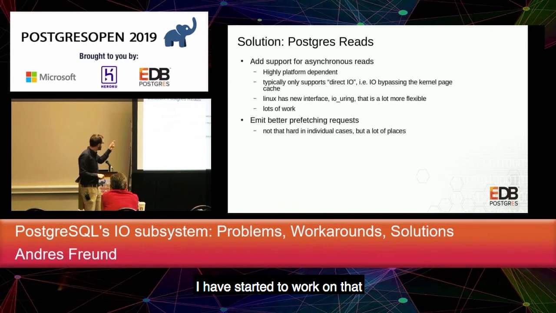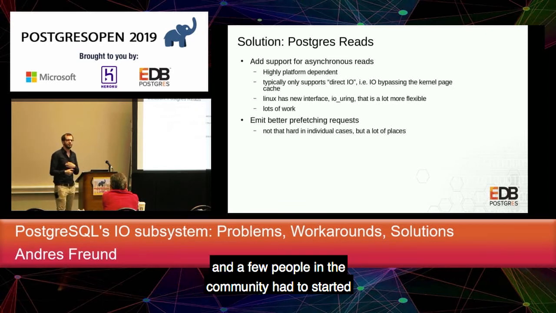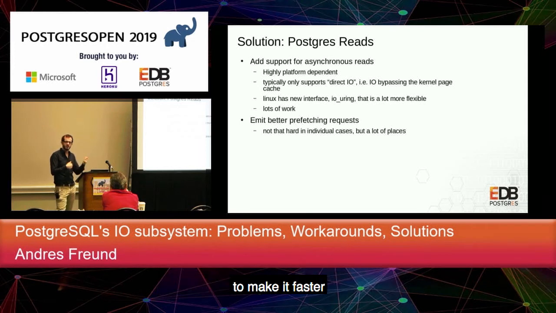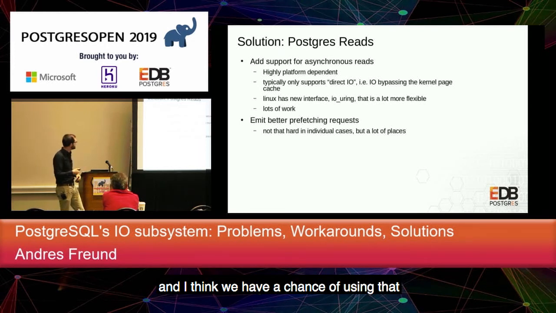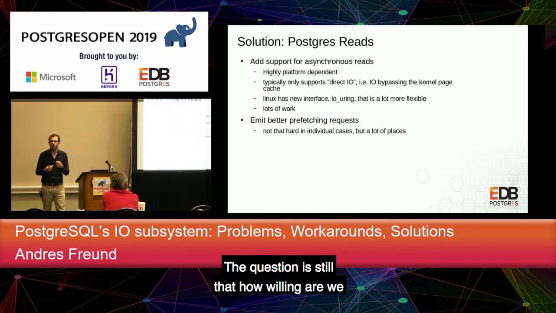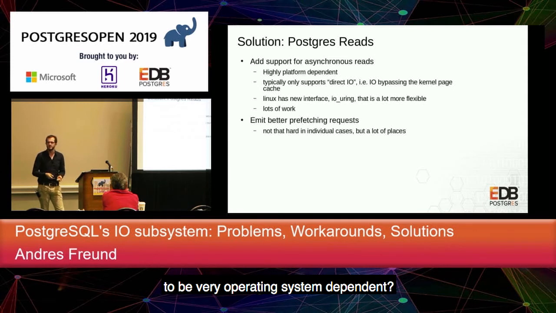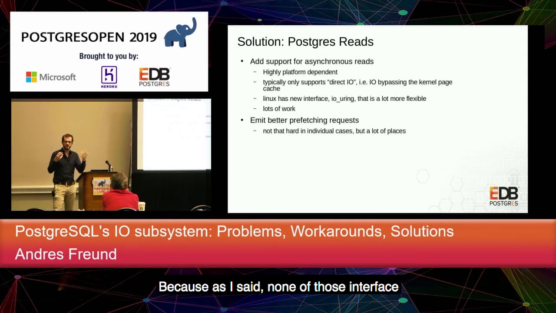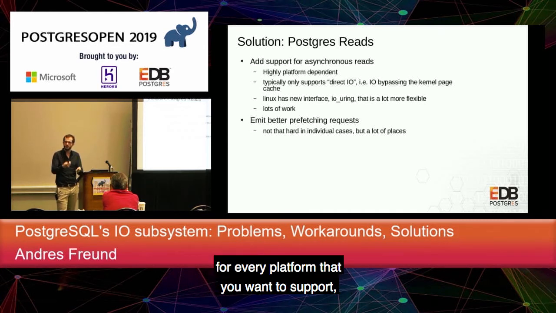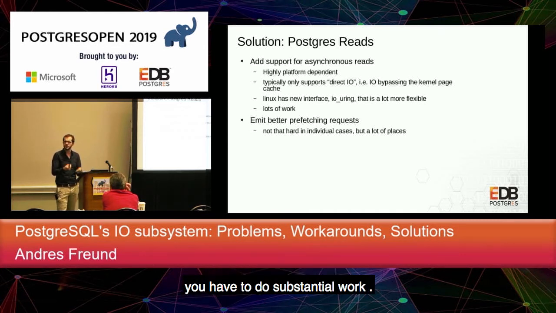I have started to work on that, and a few people in the community have started to work together with the Linux developers to make it faster, and I think we have a chance of using that and being a lot faster. The question still is how willing are we to be very operating system dependent, because as I said, none of those interfaces are cross-platform, which means that for every platform that you want to support, you have to do substantial work.